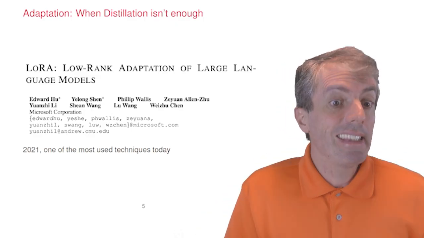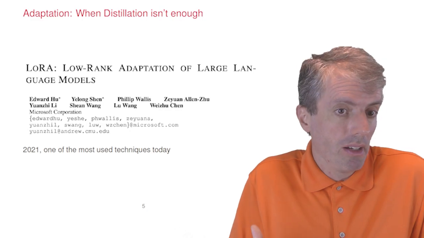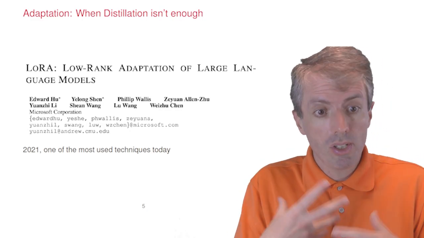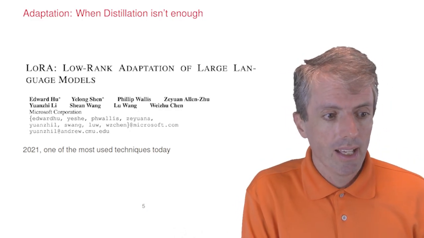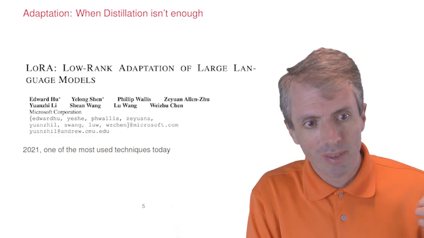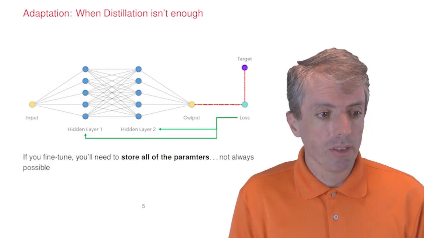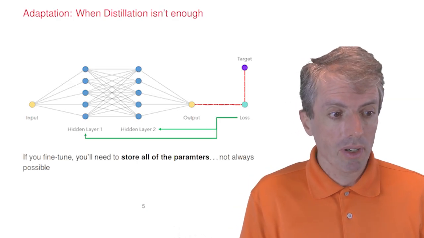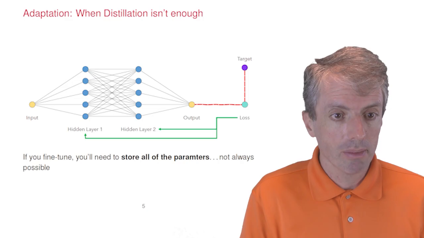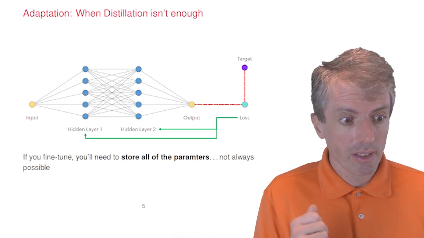But sometimes you need that power. Sometimes you need to keep the full model around, and you need to adjust it for your purposes. But you can't fine-tune 70 billion parameters on your own. Part of the problem is that if you fine-tune, you need to store all of the parameters, and this isn't always possible. And not just store them, you need to do backpropagation over the full model.